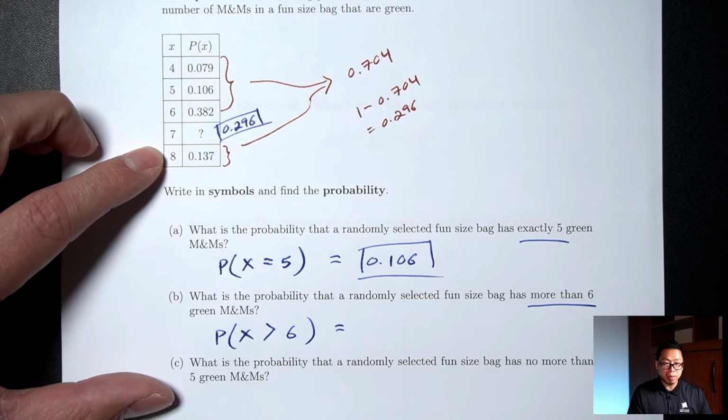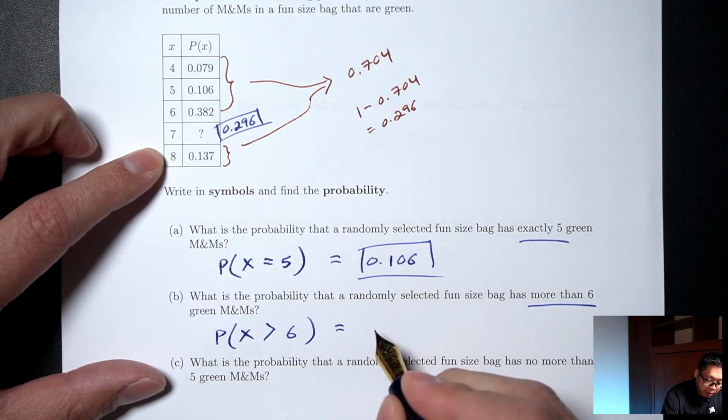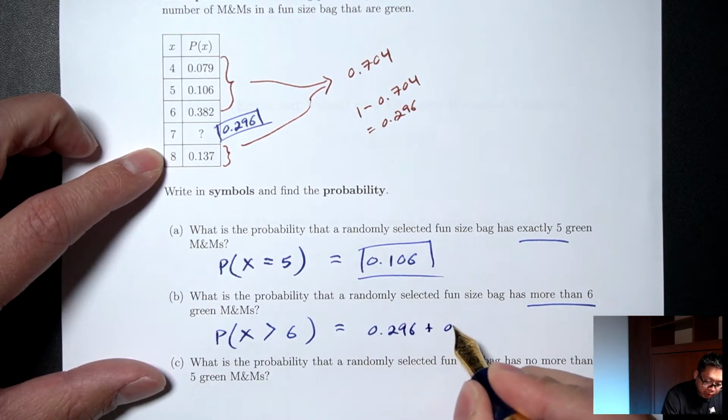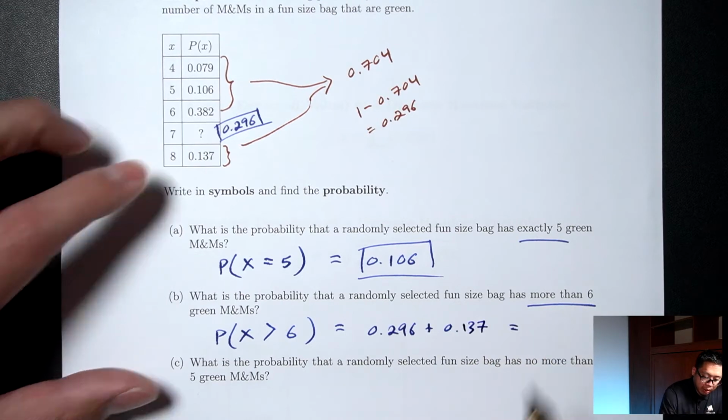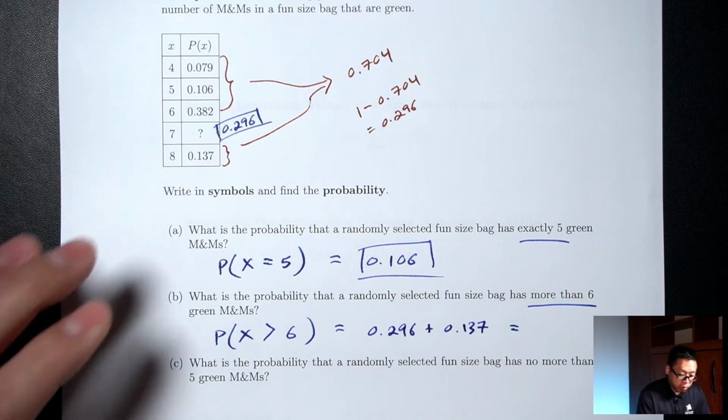Okay, 7, 8. So we're going to add up the probabilities for the 7 and the 8, which is 0.296 plus 0.137. So 0.296 plus 0.137, 0.433.